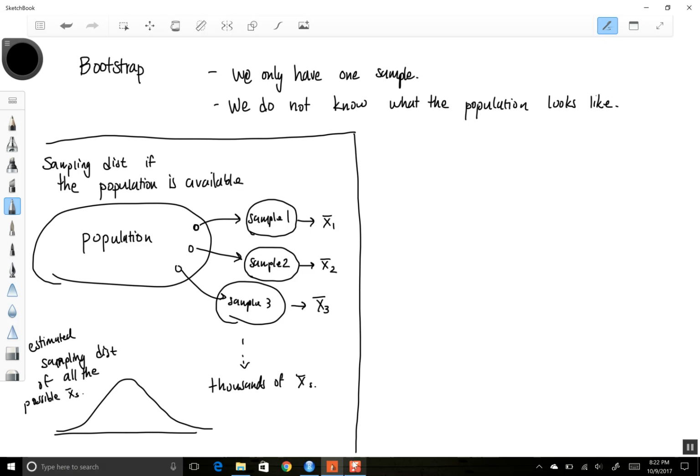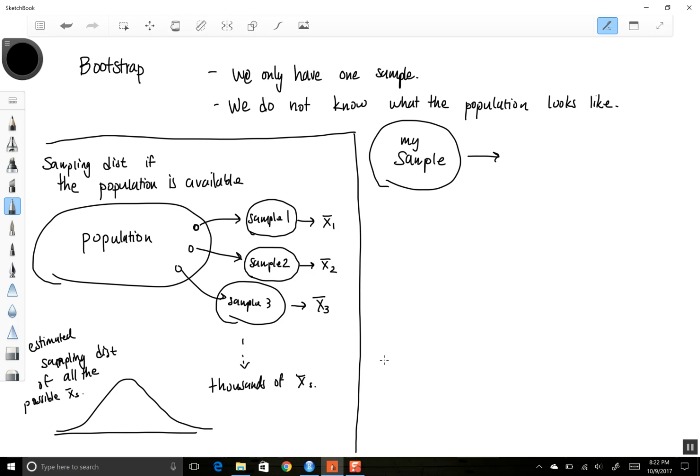What do we do? Well, I'm going to pretend. I'm going to take my sample, and I'm going to multiply it by infinity. I'm going to create infinite duplicates of my sample.